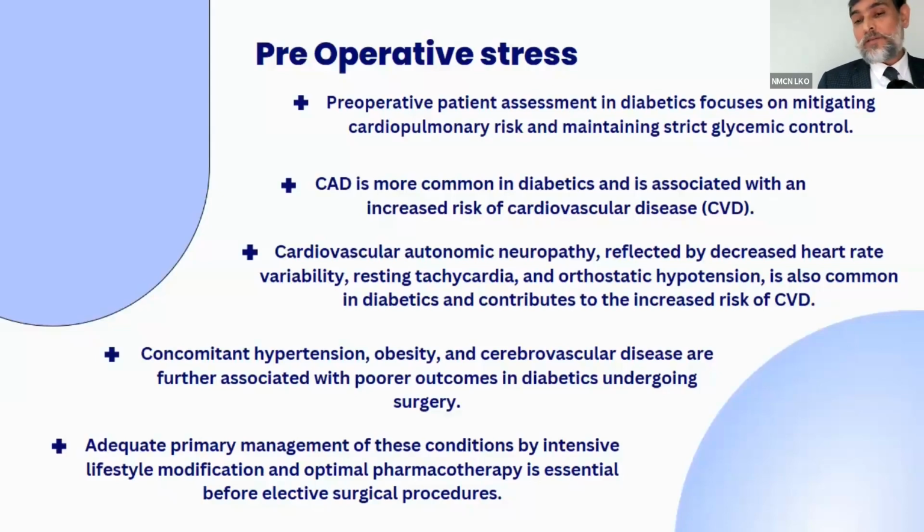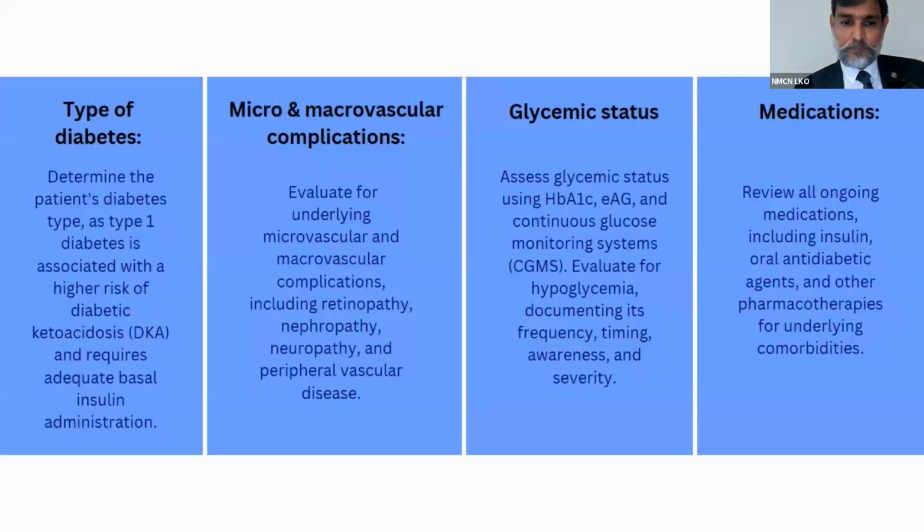Cardiovascular autonomic neuropathy, reflected by bradycardia, heart rate variability, tachycardia, and orthostatic hypotension, is common in diabetics and contributes to increased risk of coronary vascular disorder. Concomitant hypertension, obesity, and cerebrovascular disease are further associated with poorer outcomes in diabetics undergoing surgery. Adequate primary management of these conditions by intensive lifestyle modification and optimal pharmacotherapy is essential before elective surgical procedures.